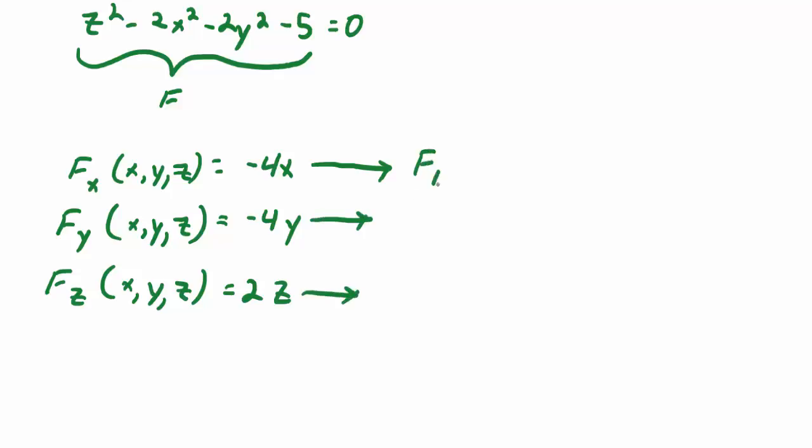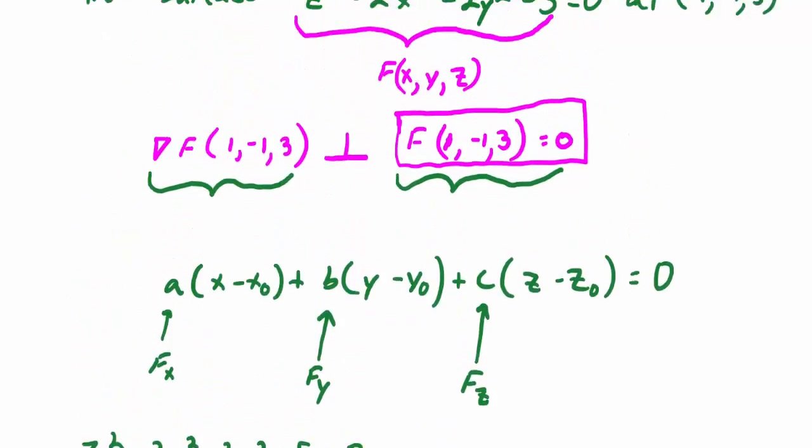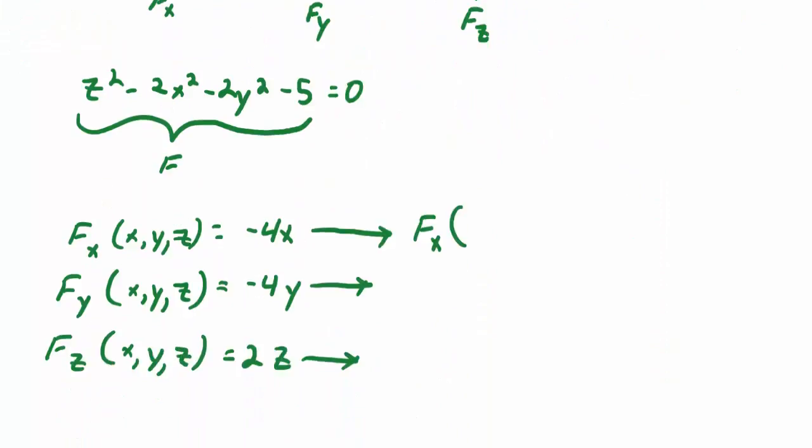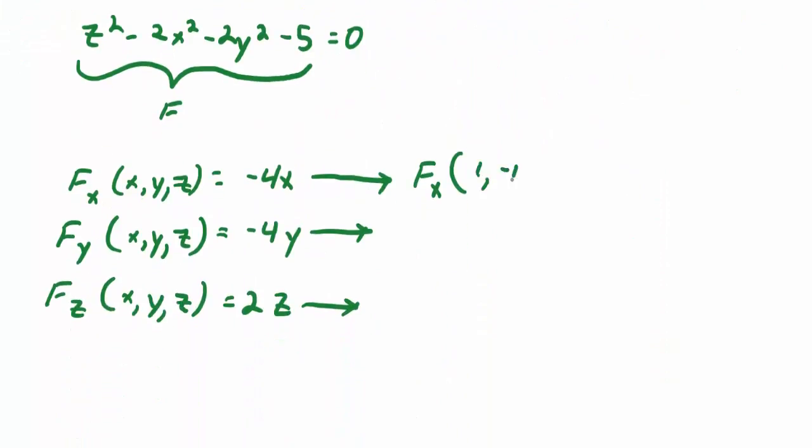But now let's evaluate these. What's f sub x evaluated at that point on the surface? That's going to be the point of tangency, the given point 1, negative 1, 3. Well, you only have to plug in the x value here, so what do you get? You get negative 4.